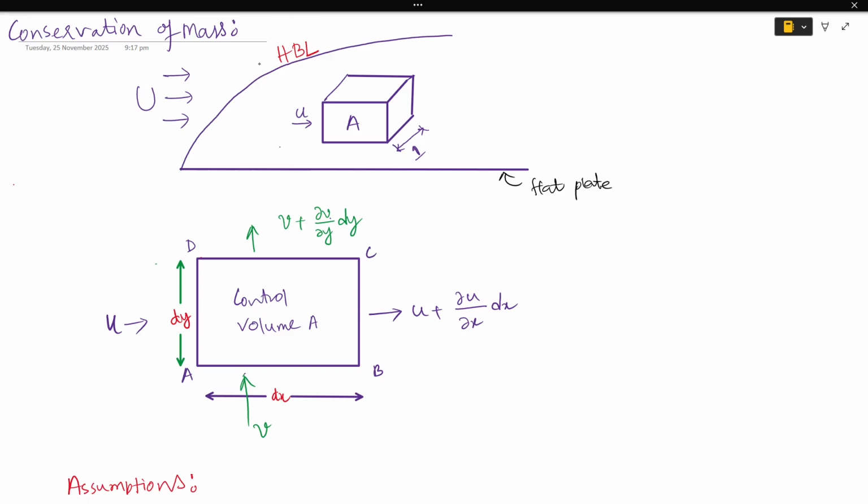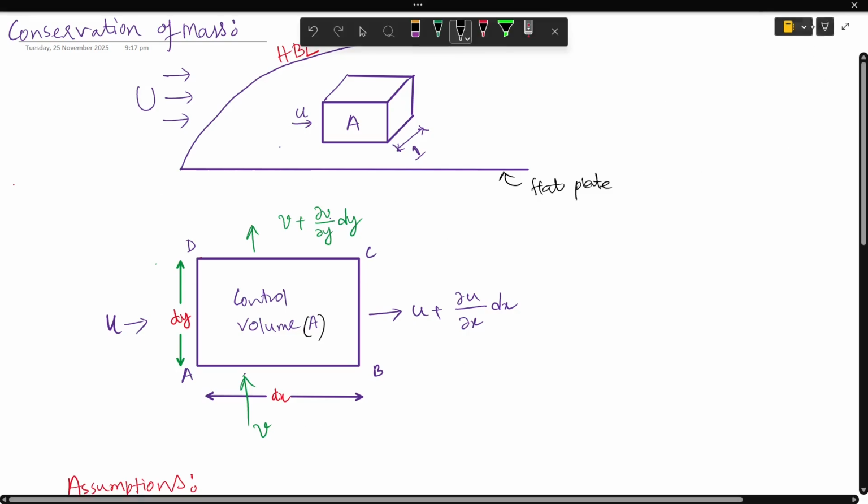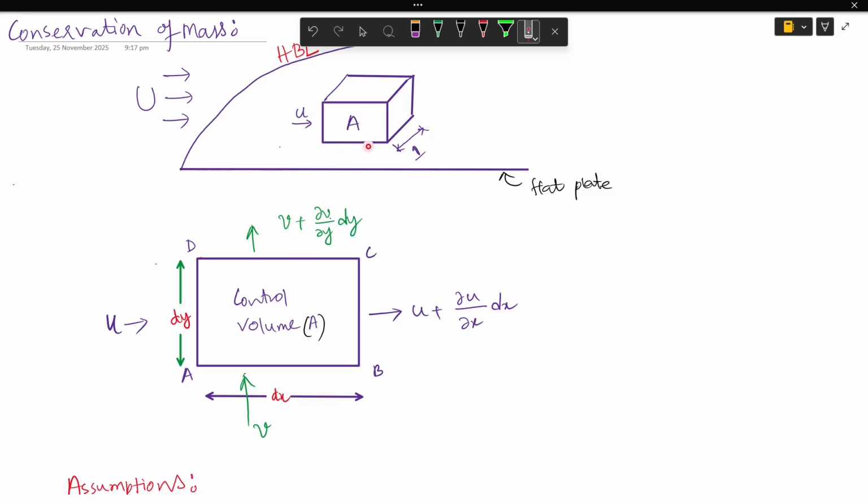Okay, so this is the hydrodynamic boundary layer, and inside that boundary layer we have taken an elementary control volume having area A. We are naming it control volume A. This picture you can see over here is basically the extended version of this; this A we have just zoomed in.